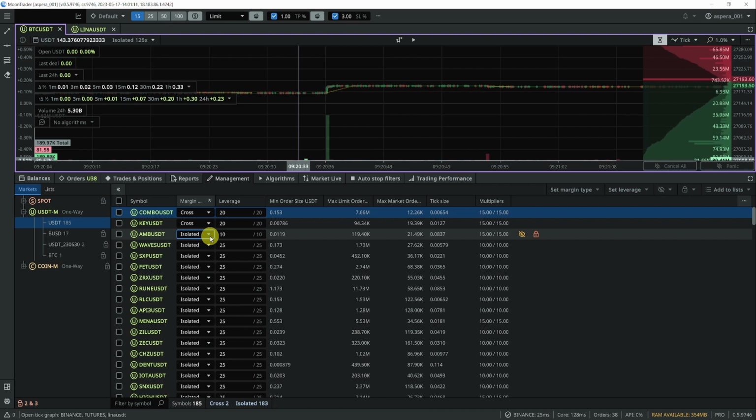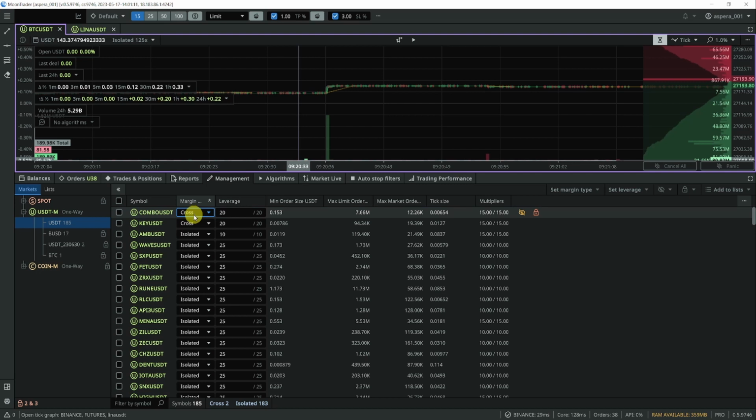And that and only that is what you risk if that trade actually fails and gives you a loss. You do not risk any of your other funds, only those that are currently in the active trade. But with cross, it's a bit different, and if you're not careful, you can lose more and more of your deposit. So here, your margin for the trade is isolated, and here, not so much.